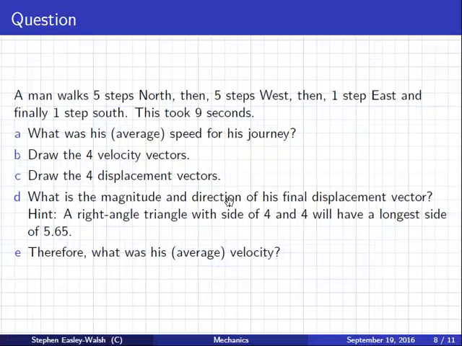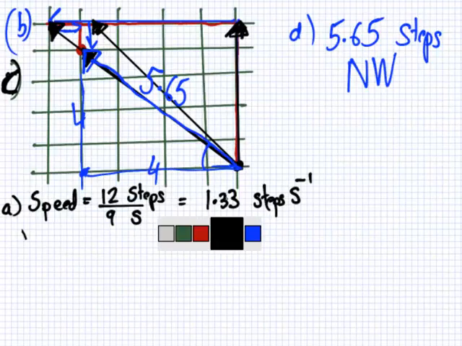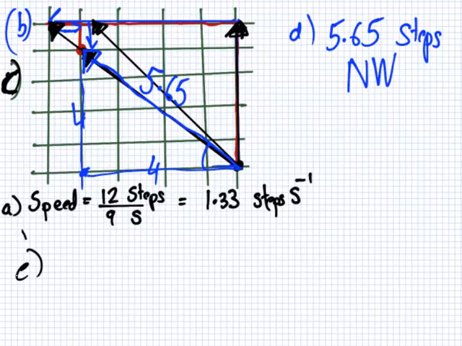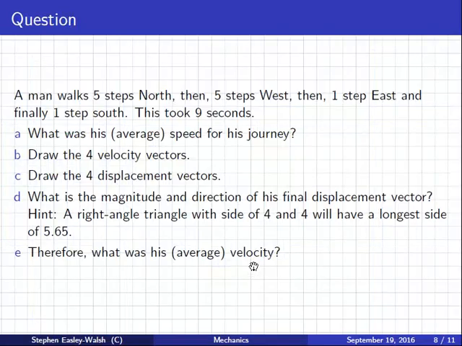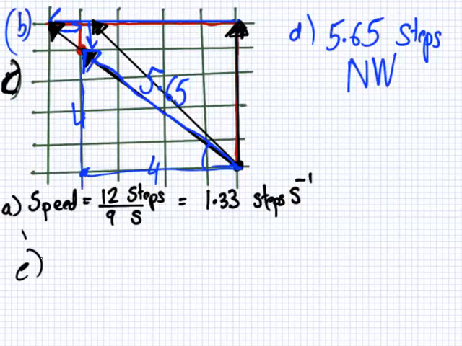Okay, and then the final one is what is his average velocity? 5.65 steps over 9 seconds. Now, can you see how that's different to speed? Because with the velocity, you care about the displacement, not the distance.